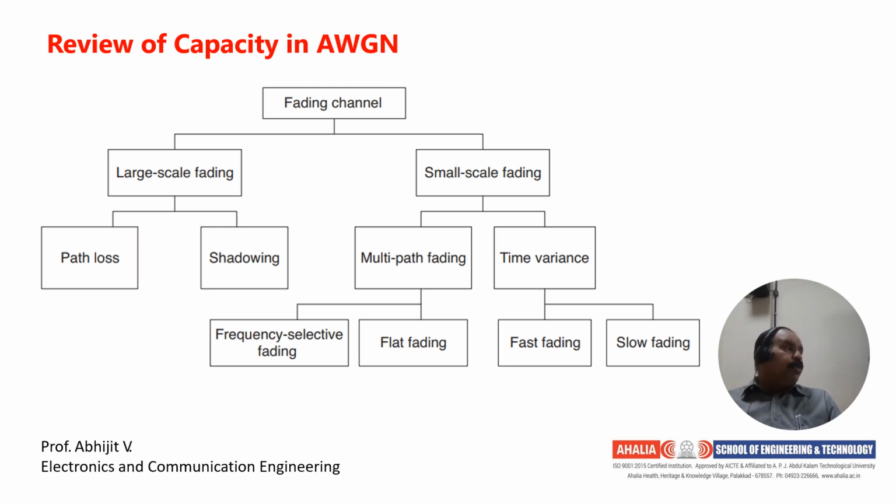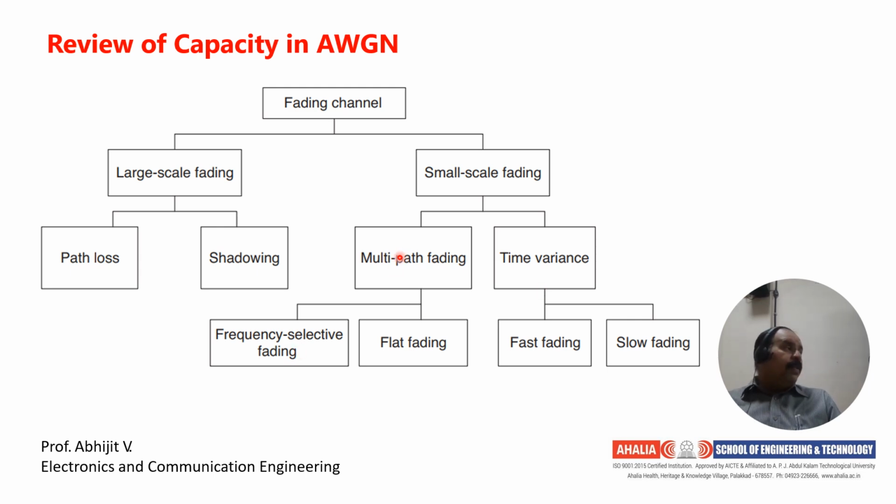So different types of fading in AWGN channel. We have seen this in the previous sections also. We have a fading channel. It could be a large scale fading or a small scale fading. Large scale fading consists of path loss and shadowing. Small scale fading consists of multipath fading, time variance.